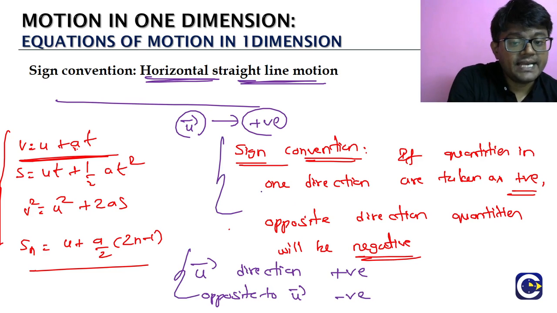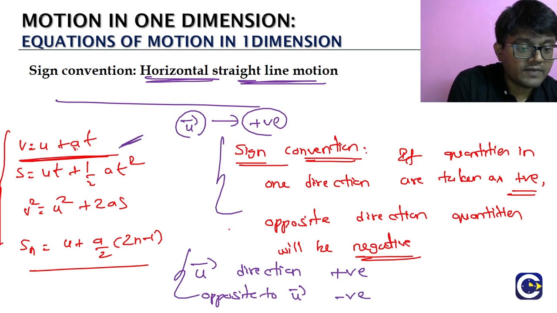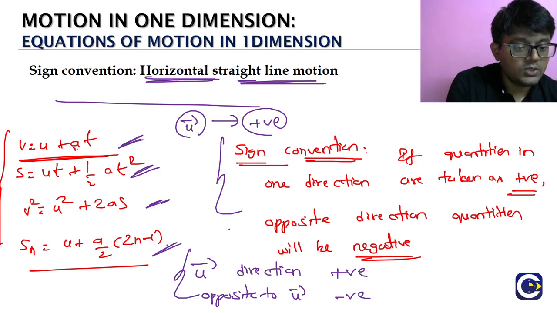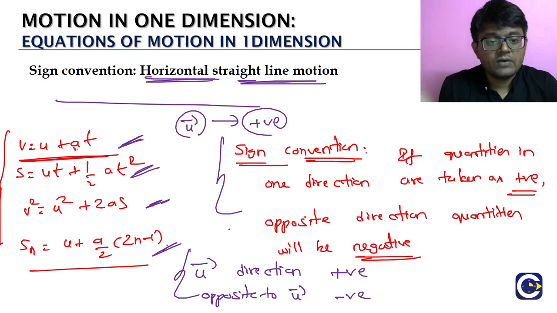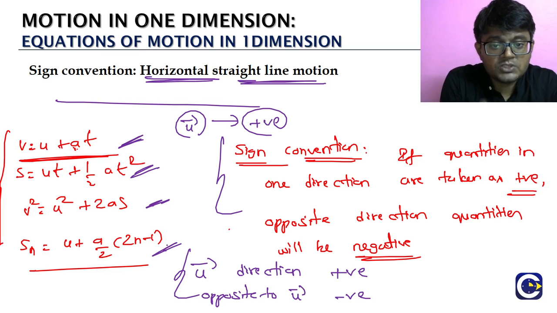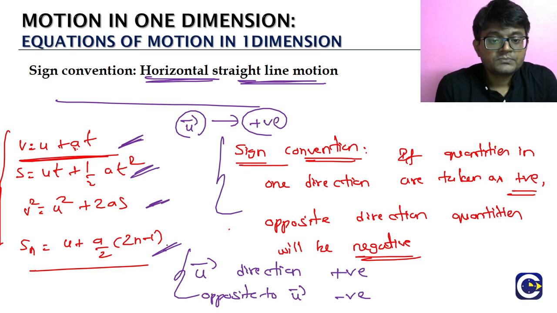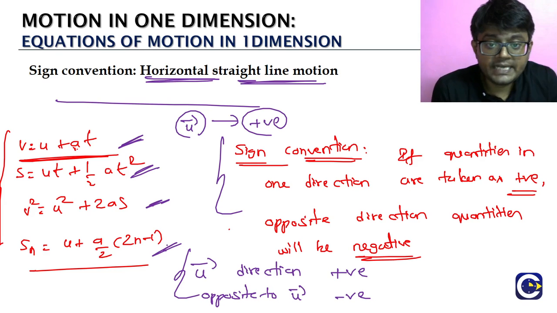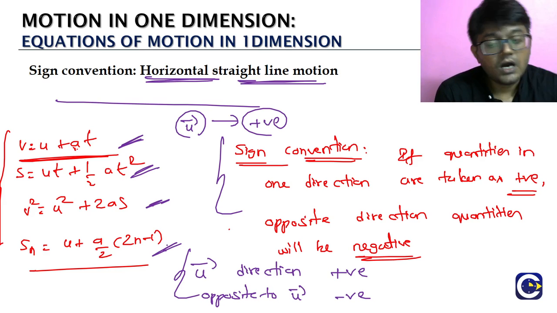Because the basic idea of sign convention is that when we substitute values in these equations, quantities in one direction are positive and opposite direction quantities are negative. We have to fix one side as positive, one side negative. So for horizontal straight line motion, all the quantities in the direction of the initial velocity will be positive, and the quantities in the opposite direction we'll take as negative. This is the sign convention we will follow in the case of horizontal straight line motion.